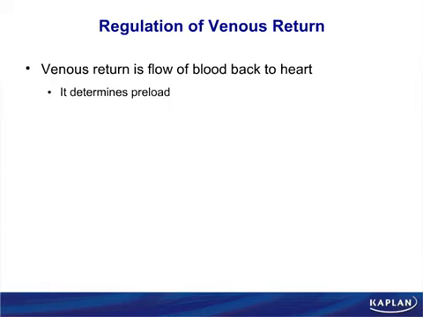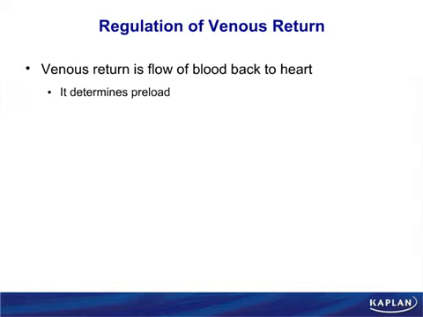All right, let's talk about venous return and its regulation. Venous return is the flow of blood back to the heart. So if I break the circulation down, I can talk about output, that's cardiac output, that's what's going into the aorta. Venous return, on the other hand, is a flow of blood back to the heart.